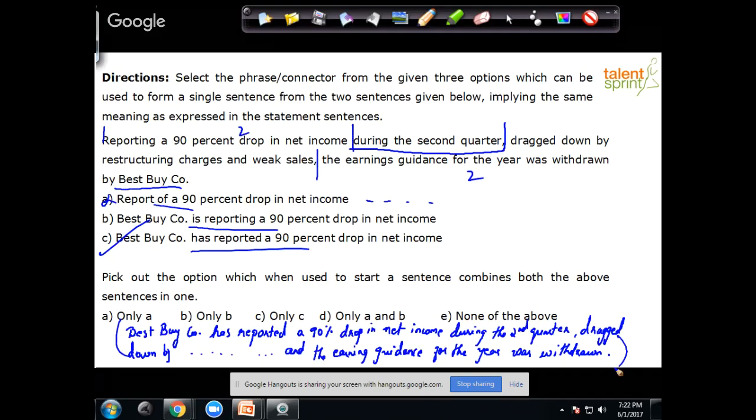Shmriti, Priyanka, I just explained, right? For A, you start off with a clause saying report of a 90% drop in net income during the second quarter, which was dragged down by restructuring charges and weak sales, has to have done something. Where is the effect?